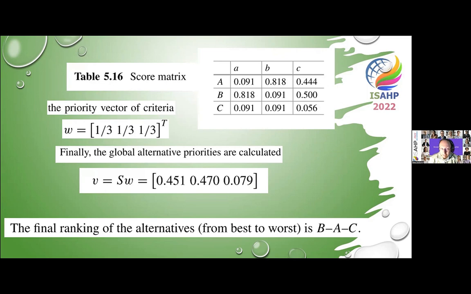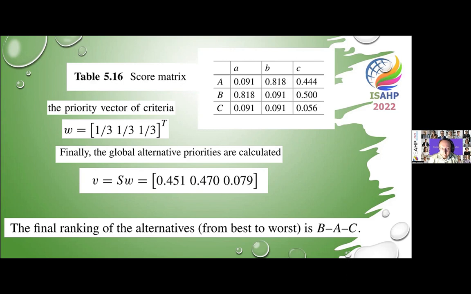I don't know how familiar you are with this example, but basically all of us who are interested in this phenomenon of AHP practically know everything about this first example.